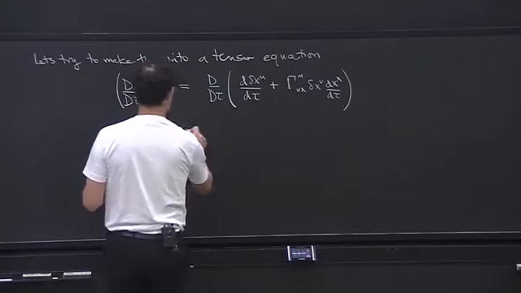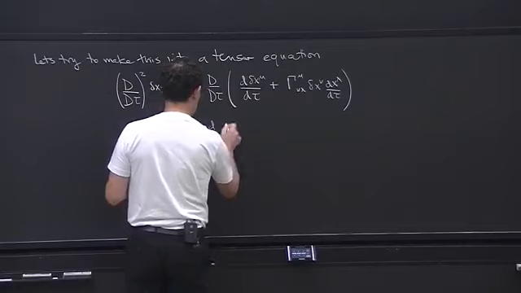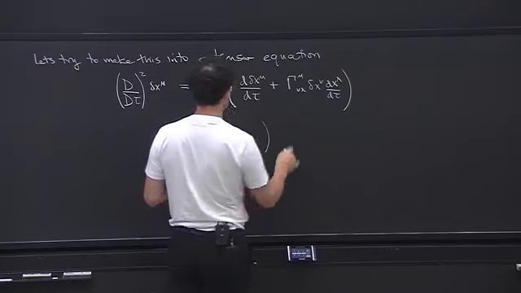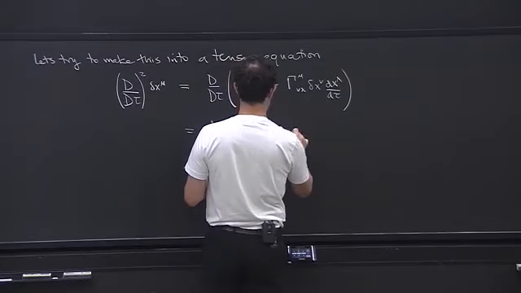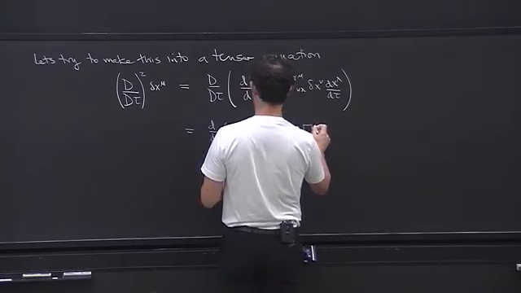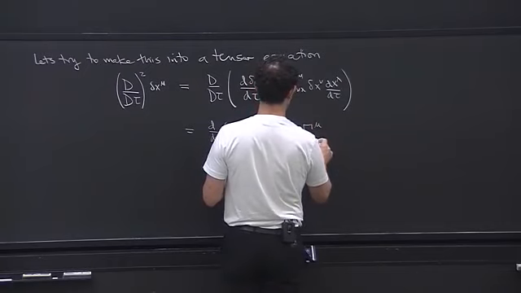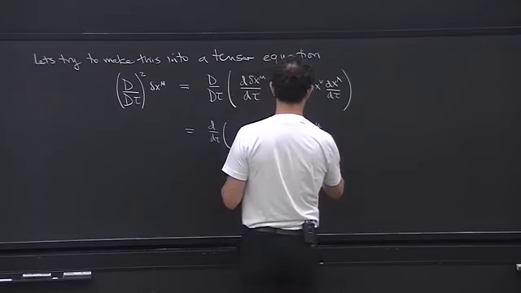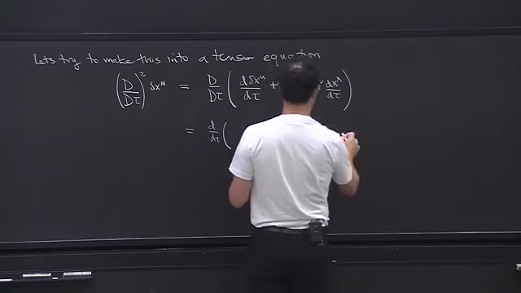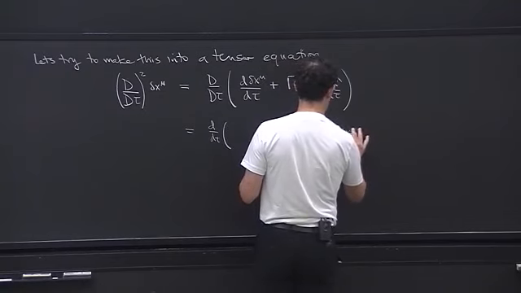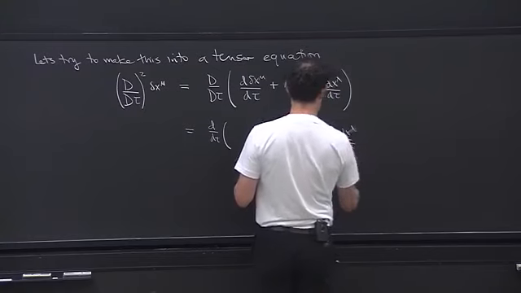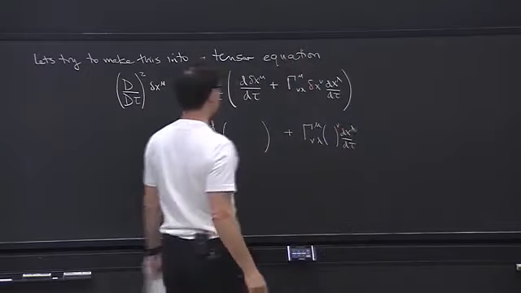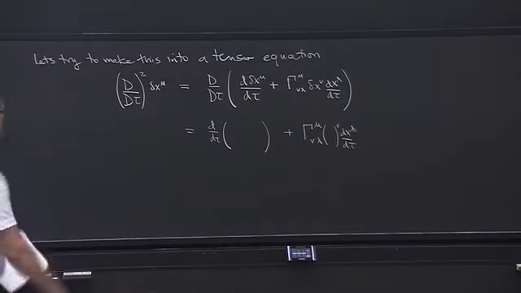Okay, so that again is just the ordinary derivative, d by d tau times the stuff in brackets, plus gamma mu nu lambda, and I put the curve here, the tangent vector here, and I put the stuff in brackets there. Okay, so I just have to work all this out.